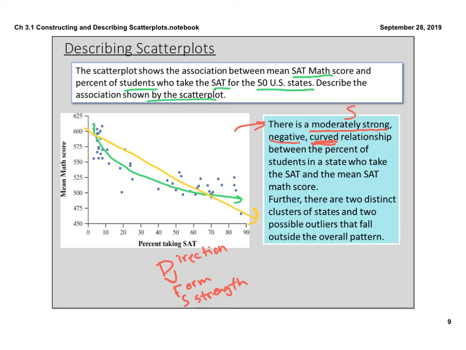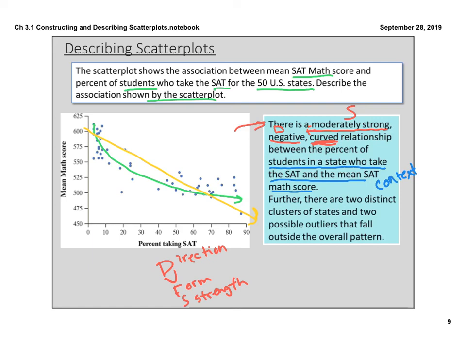You've got three out of the four things that you need in the first sentence. Here, between the percent of students in a state who take the SAT and the mean SAT math score, there's your context. Okay, boom, nailed it. First sentence done.